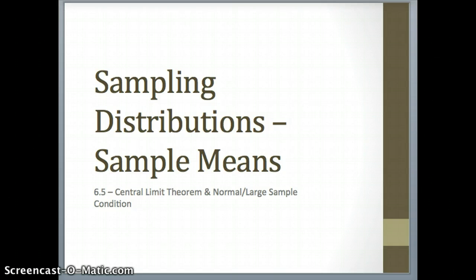So even if the population distribution is not normal, the sampling distribution of your sample mean can look normal if you have enough samples. And we'll talk about what the normal or large sample condition is. This will always be true as long as the population has a finite standard deviation.